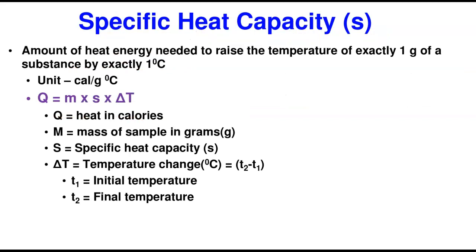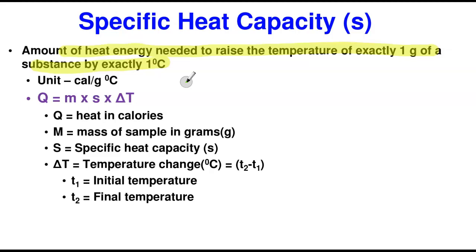The specific heat capacity. The specific heat capacity measures the amount of heat needed to raise the temperature of a substance by 1 degree Celsius. It is a kind of measure of the ability of substances to retain heat themselves.